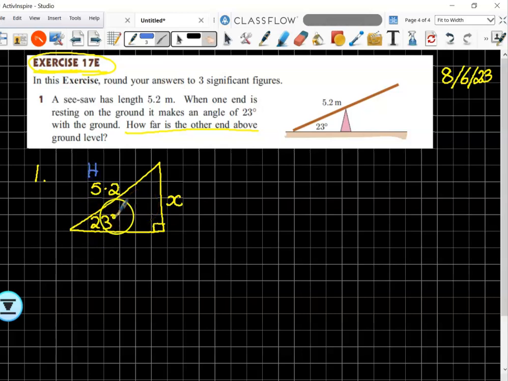This is the angle that we're focusing on, which is your angle of elevation, and this is your opposite. I'm not even going to put A down here because there's nothing there. So well done. We write our rule: opposite over hypotenuse.